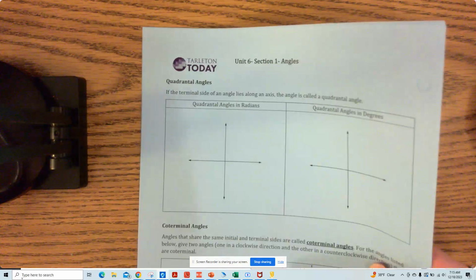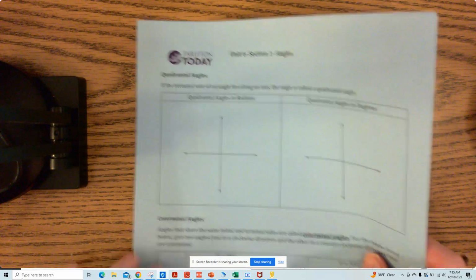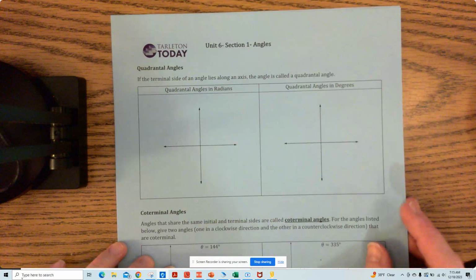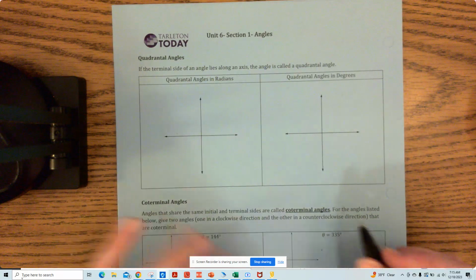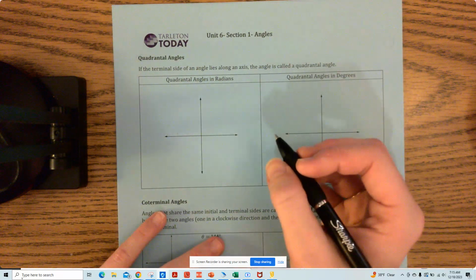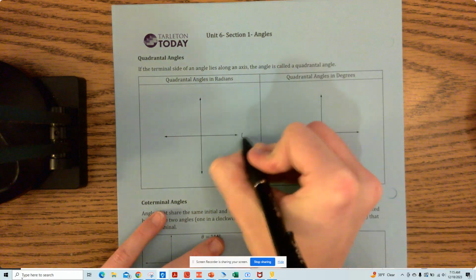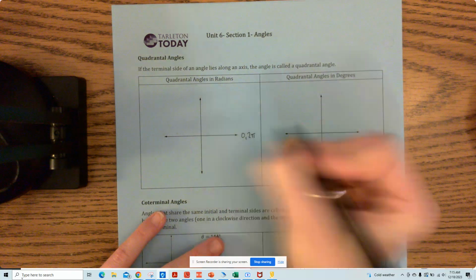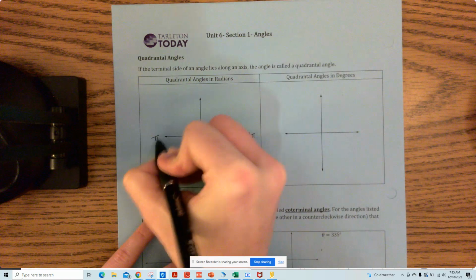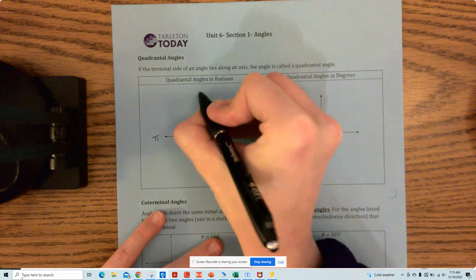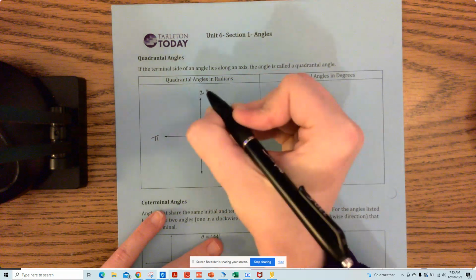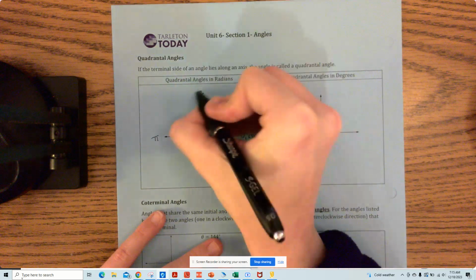If the terminal side of an angle lies along an axis, the angle is called a quadrantal angle. So quadrantal angles in radians, this would be 0, 2 pi. This would be pi. Actually, it's pi over 2, sorry.